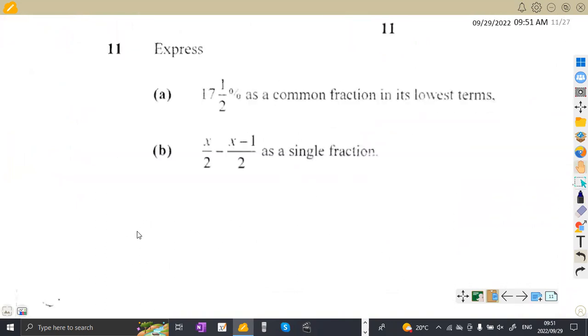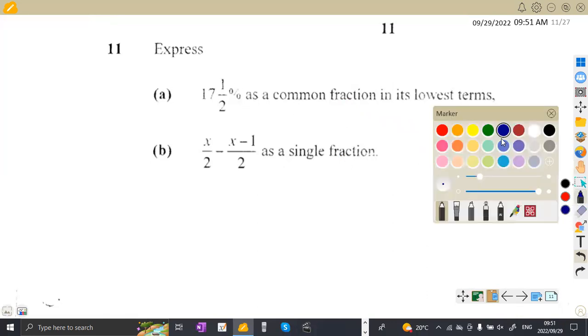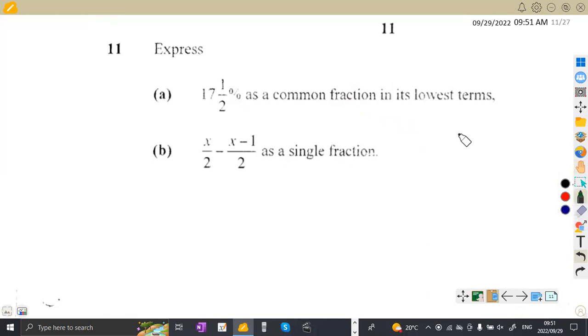Okay, number 11, express 17.5% as a common fraction in its lowest term. So this is 17.5%, guys. What are you going to do? How do you remove a percentage? To remove a percentage, you divide by 100. So this is going to be 17.5 over 100.